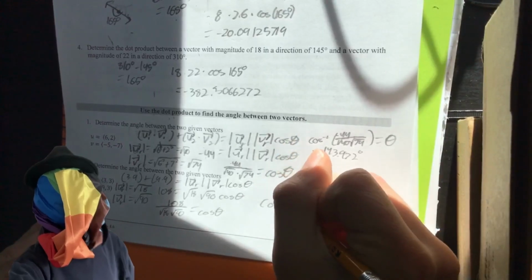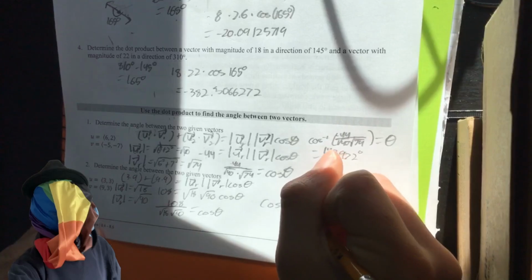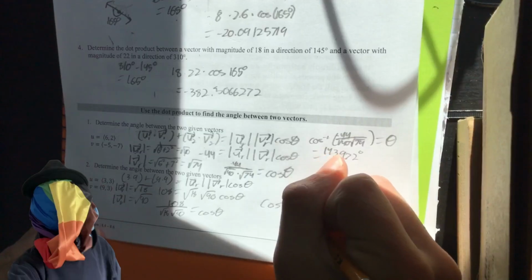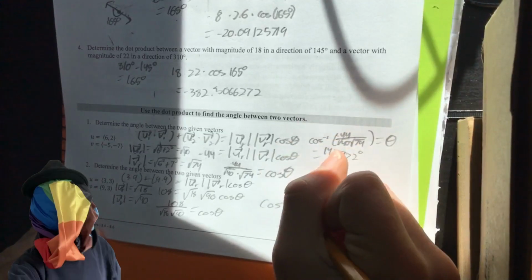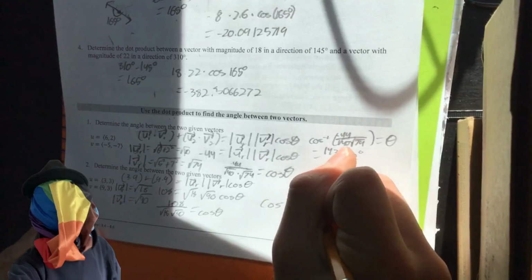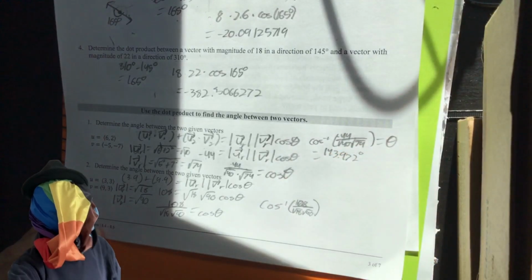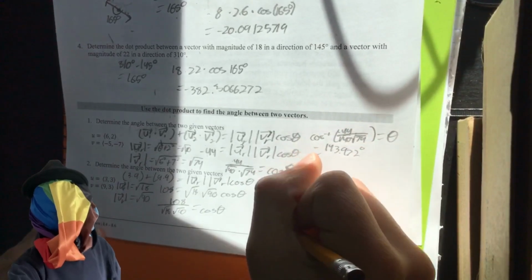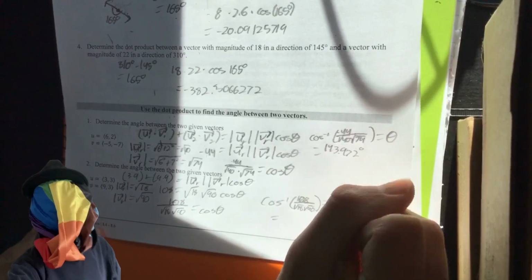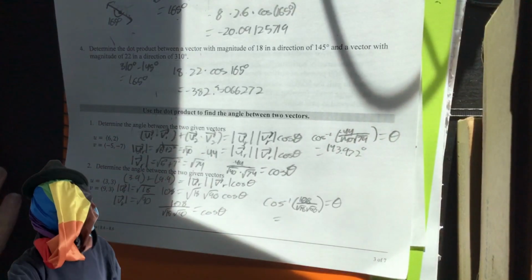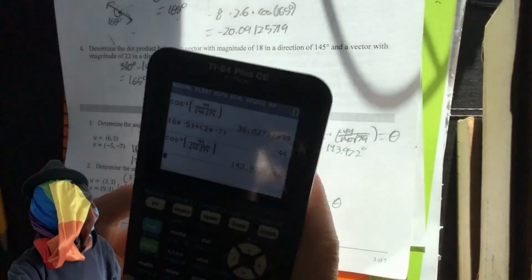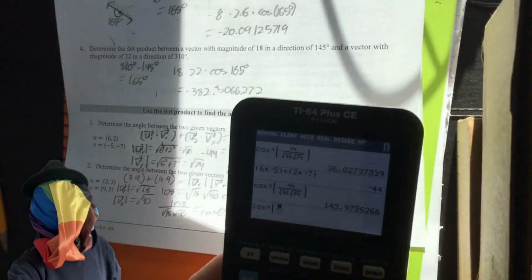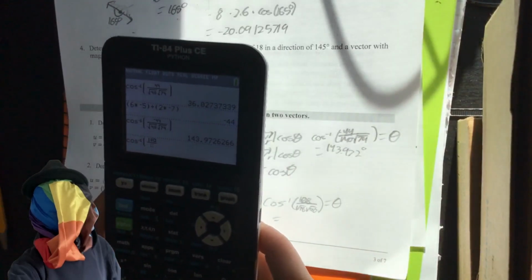So theta equals cosine negative 1 of 108 over square root of 18 times square root of 90.